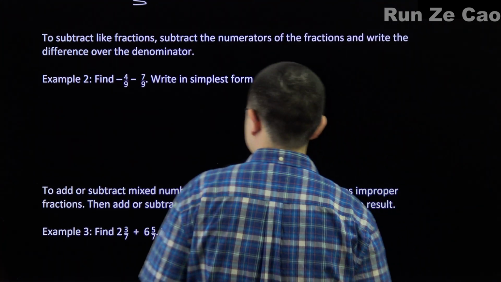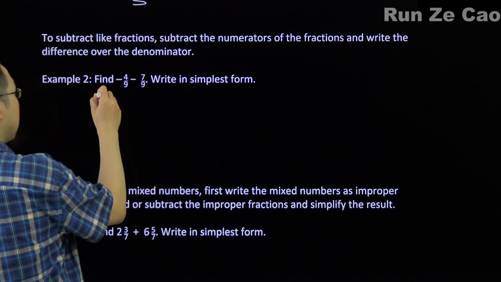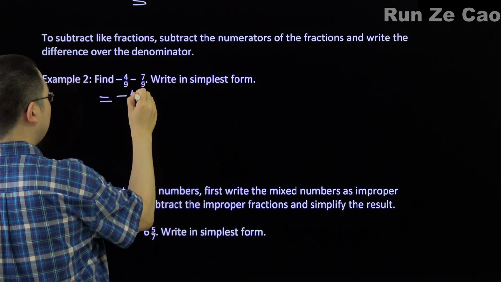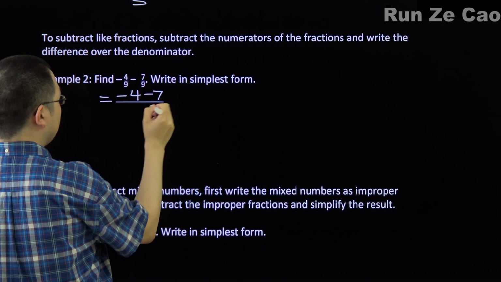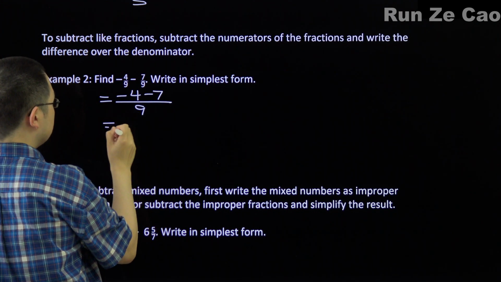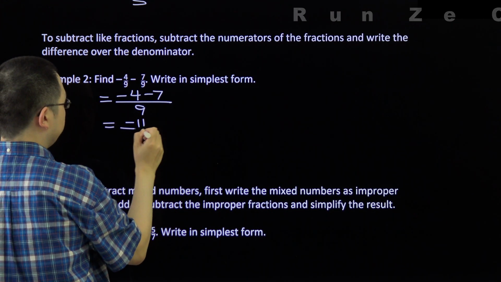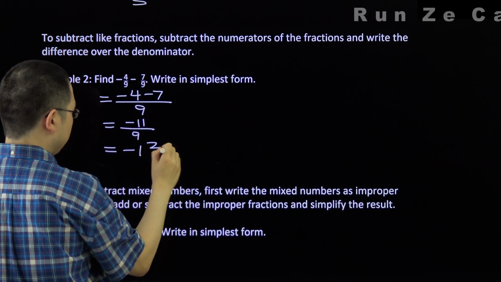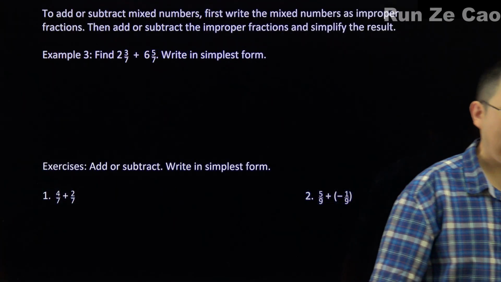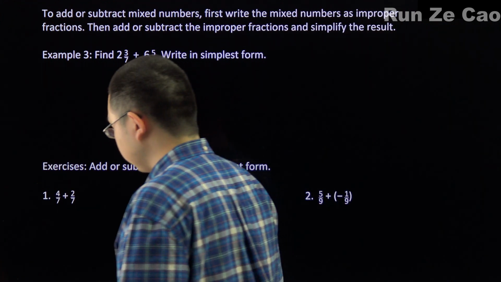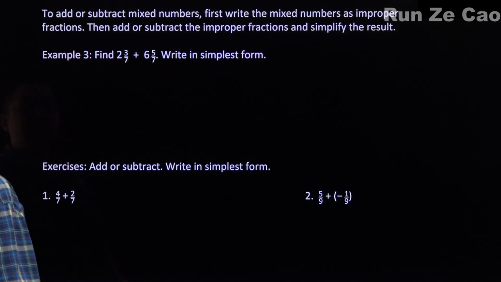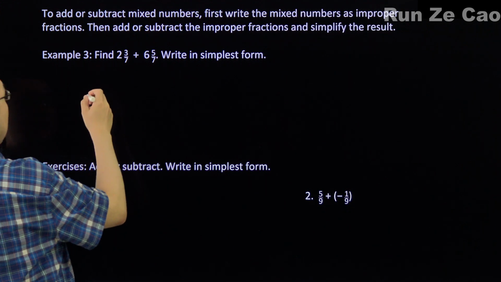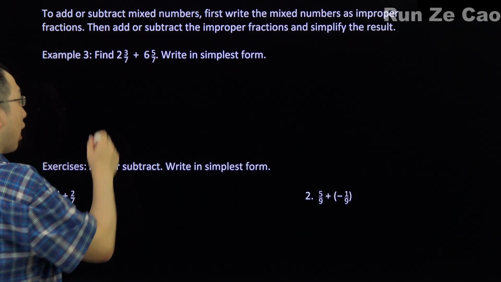Now for subtraction, we got, in this case, -4 minus 7 over 9. Which means -11 over 9. So -1 and 2/9. To add or subtract mixed fractions, you start by writing them as improper fractions, and then you add or subtract said improper fractions.